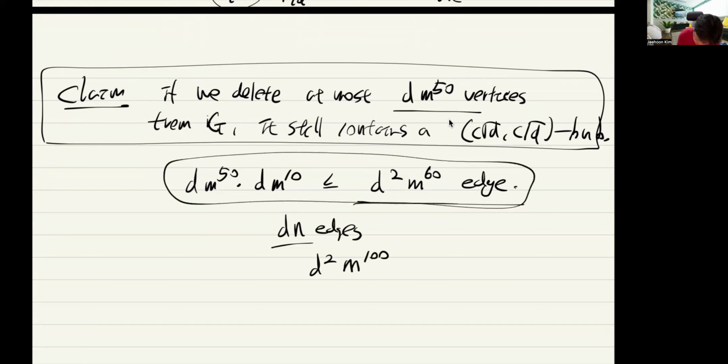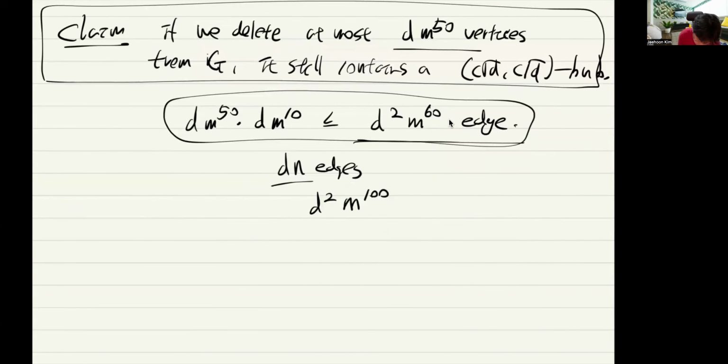So after deleting this, you still haven't deleted half of this. So at least half the edges of G are still there. Then in that graph, the average degree is at least half.